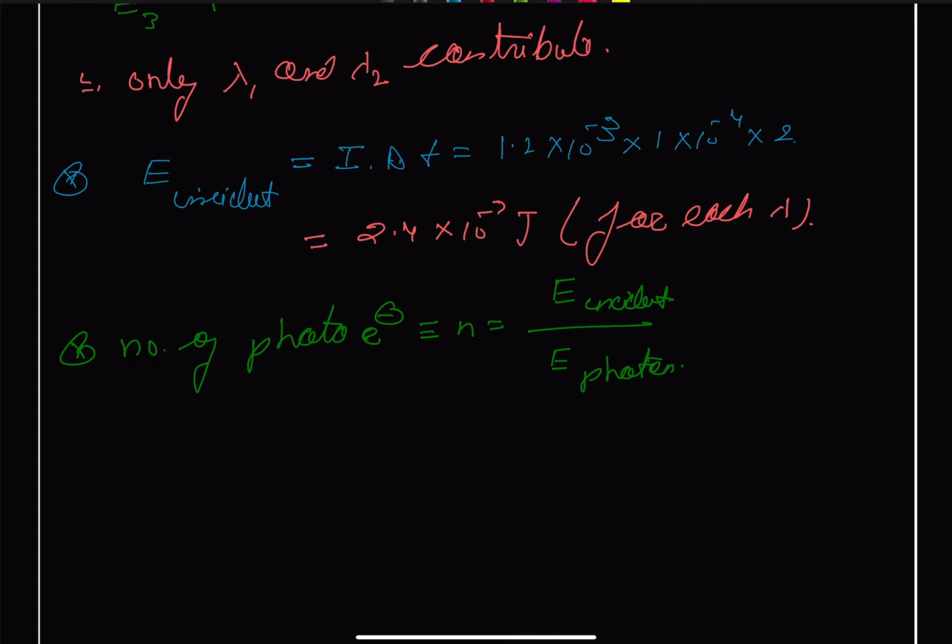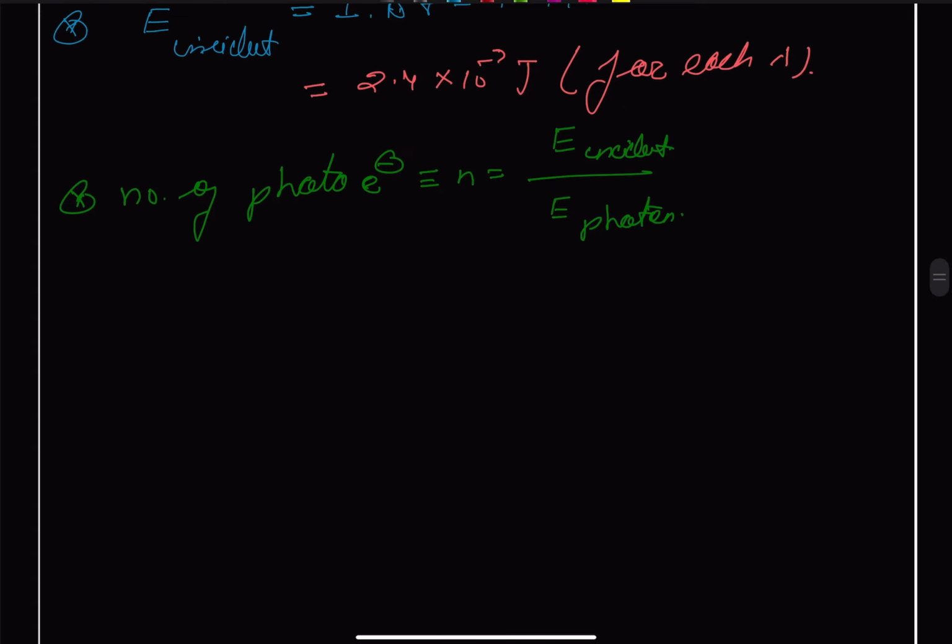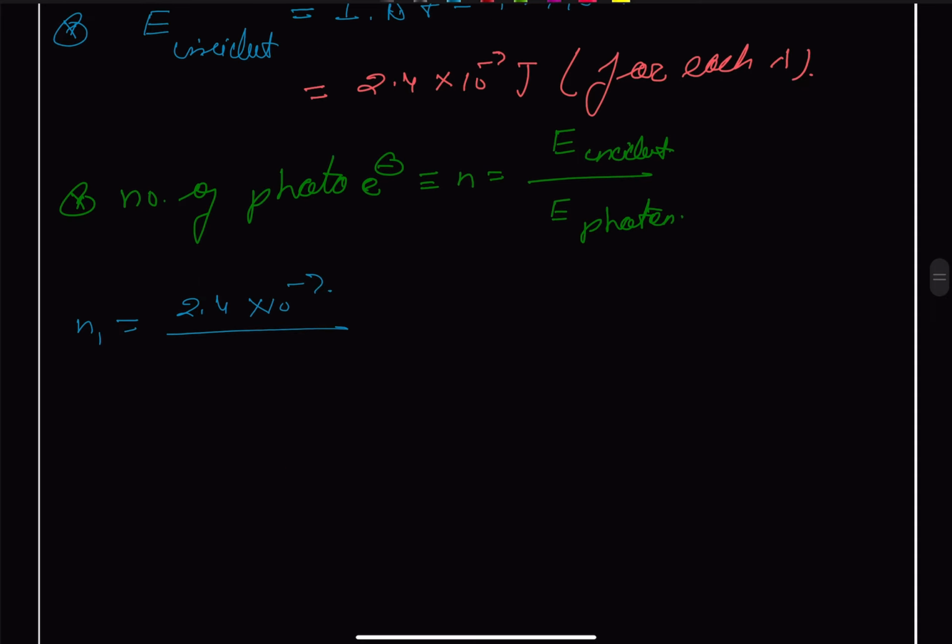So we have two wavelengths, therefore we can divide this formula into two. We have our N1, that will be equal to energy incident, which is the same for both the wavelengths, 2.4 into 10 to the power minus 7. Energy of photon for the first wavelength is 4.796 into 10 to the power minus 19, approximately equal to 5.003 into 10 to the power 11.